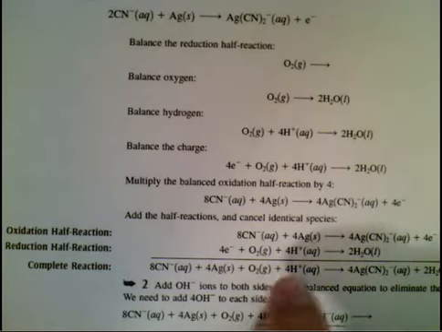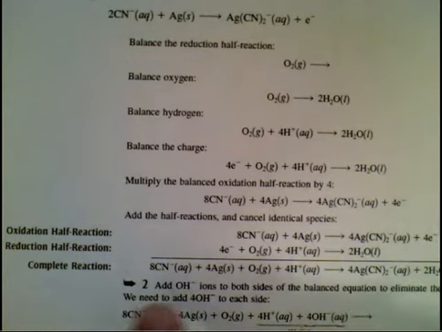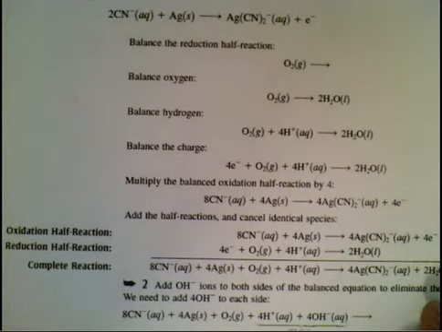When we add those together, we get 8 CN-1s in the aqueous form, 4 Ag solids plus O2 in the gaseous form, and 4 H pluses in the aqueous form. Those are reacting to yield 4 Ag(CN)2 -1s in the aqueous form, and then 2 H2Os in the liquid form.